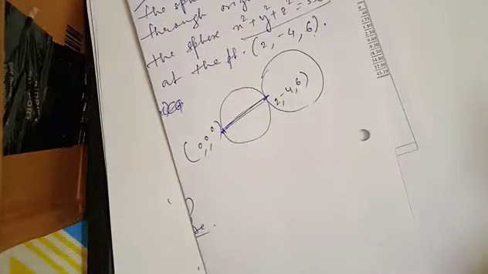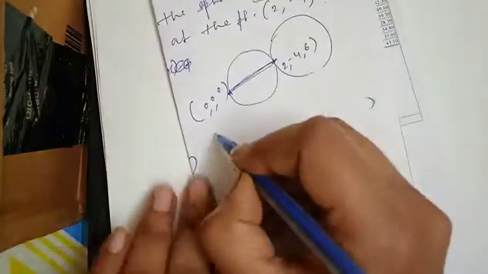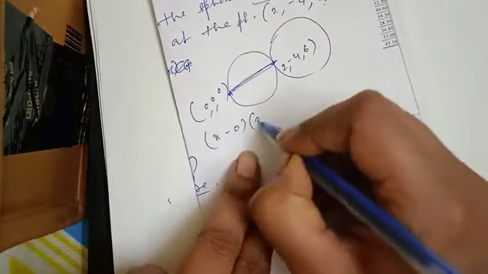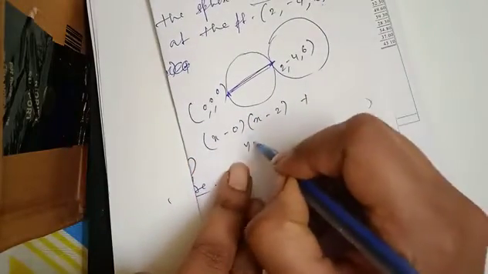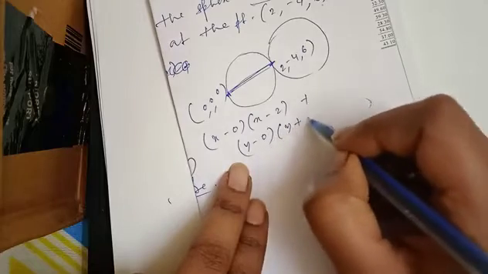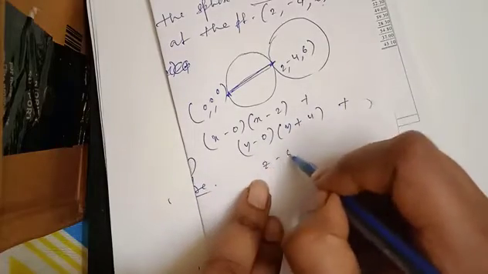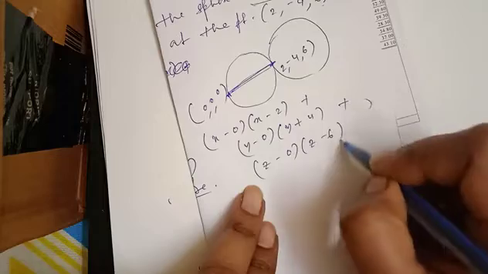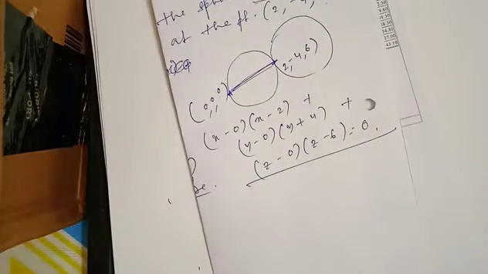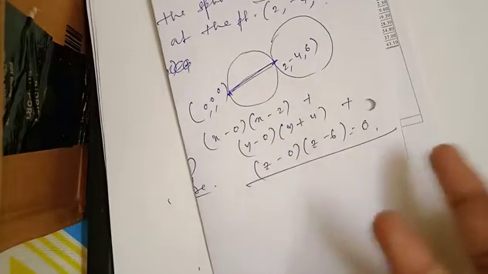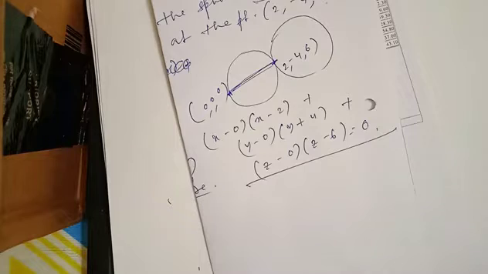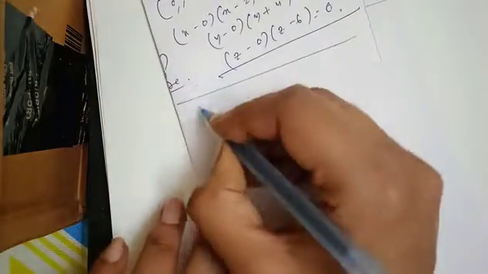Now we can easily get the equation of the sphere, which will become x minus 0 into x minus 2 plus y minus 0 into y plus 4 plus z minus 0 into z minus 6 equals 0. So this is the required equation of the sphere. Just simplify it and you will get the standard form of a sphere.